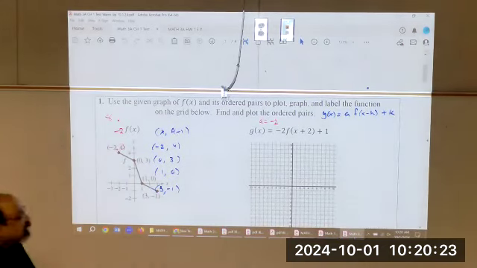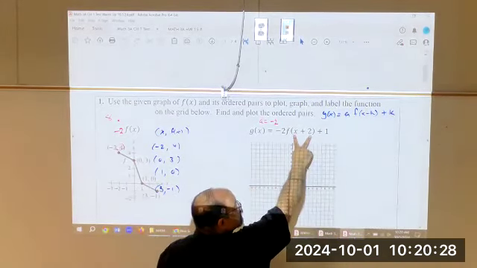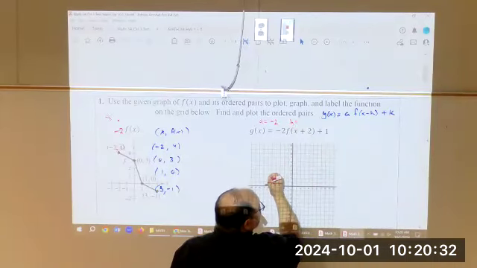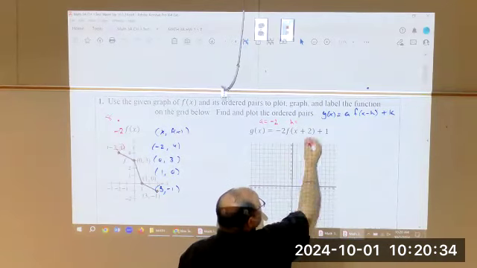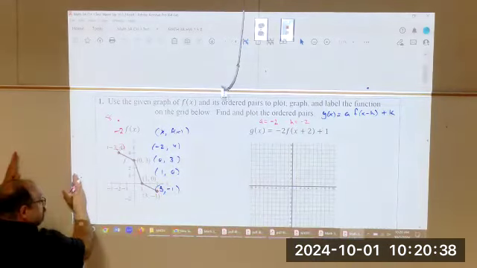Pieces of this puzzle. A is a -2. In here, there is something in the parentheses with the x. So what is this H in there? -2. The graph is shifting to the left 2 units.